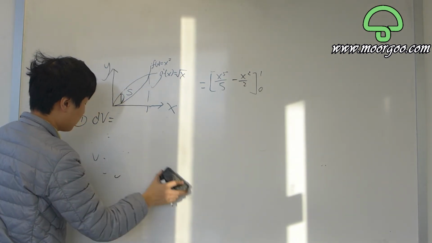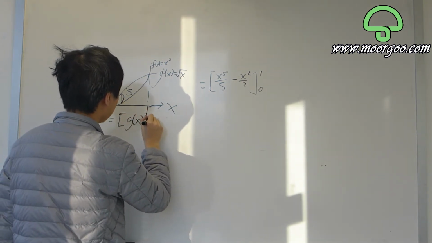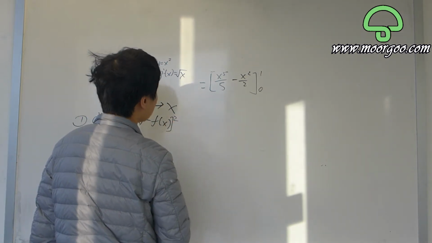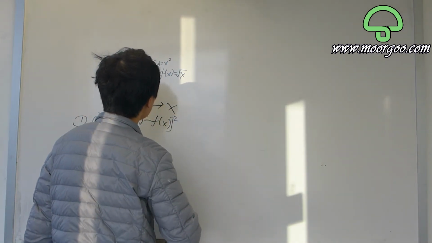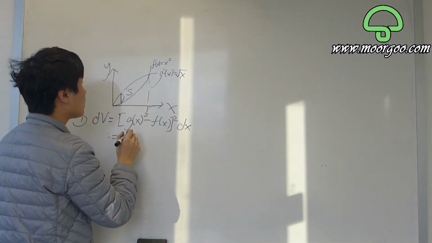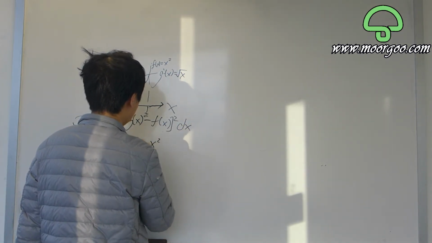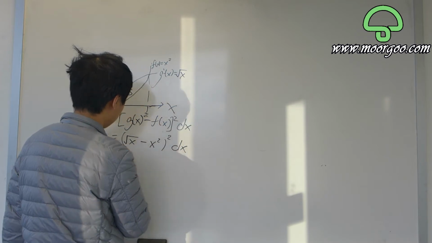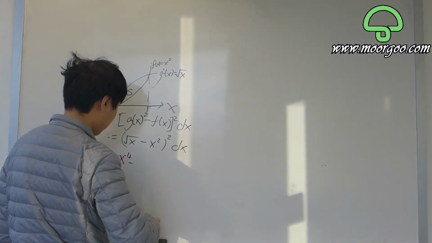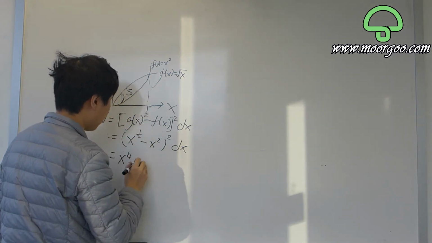My bad. This is supposed to be g(x) squared, g(x) minus f(x) squared. My bad. What's g(x) minus f(x) dx? That's equal to, this notation might be easier.